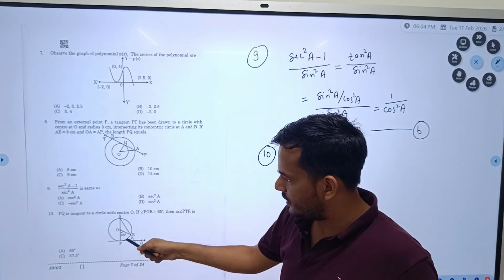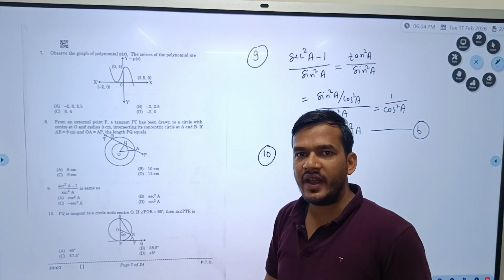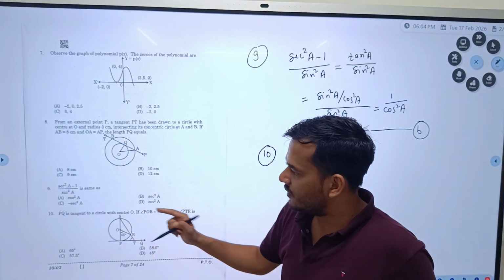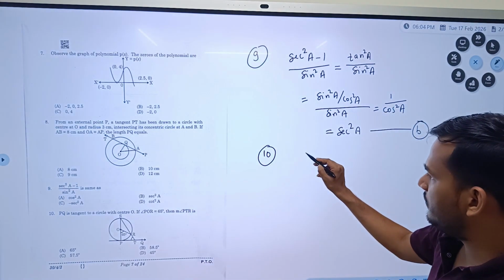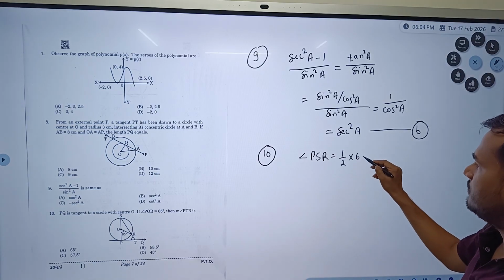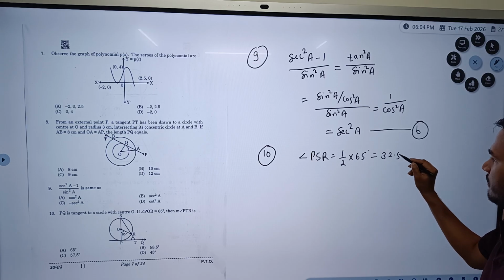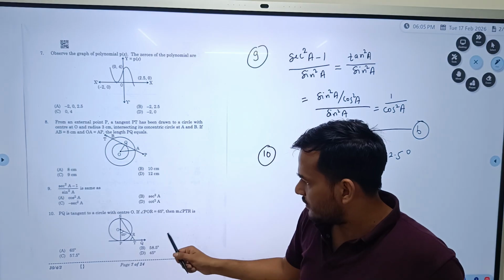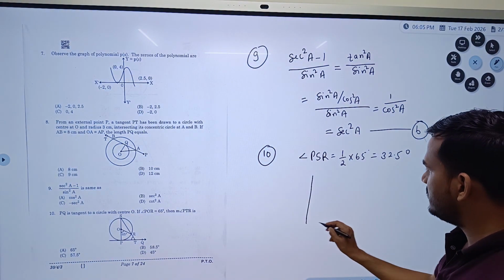Now coming to the question number 10. In question number 10 you can see this PR arc is making 65-degree angle at the center. So the same PR arc will make half of the angle at any other point on the circle. So angle PSR will be equal to half of 65, and this will equal 32.5 degree. Now they ask the value of angle PTR in triangle PST.